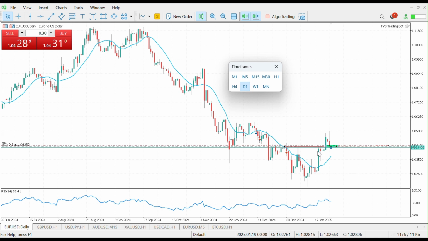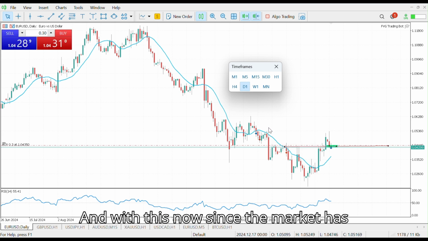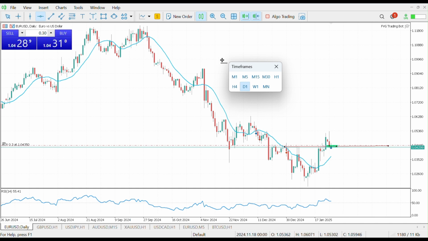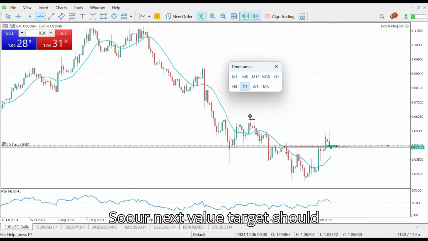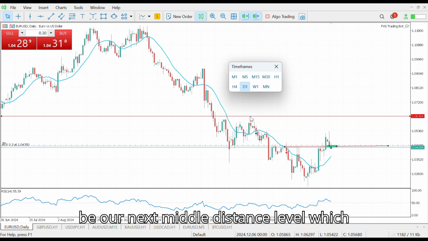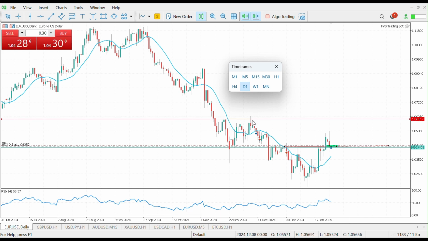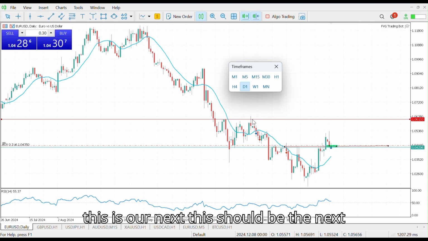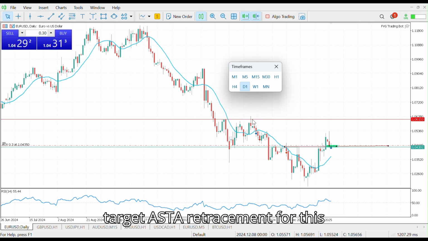Now, when we identify the next possible target for the market, our next possible target should be our next resistance level, which is around here. This should be the next target after retracement for this particular price movement.